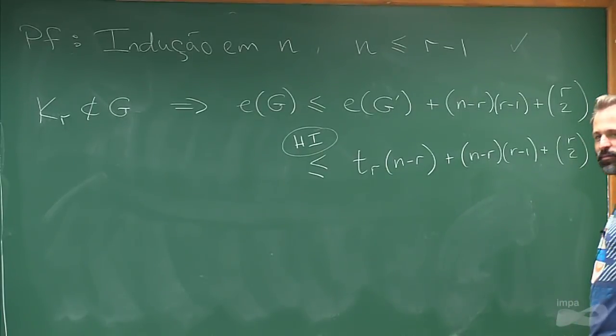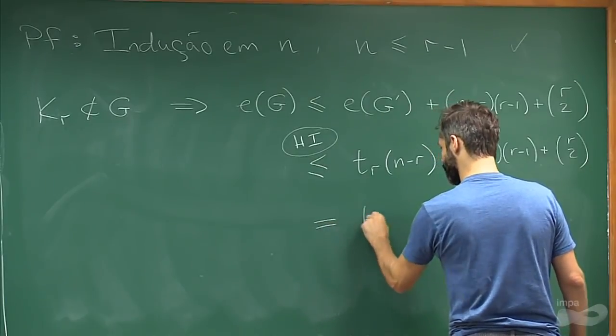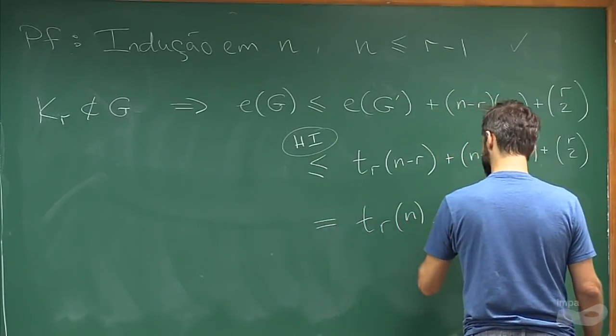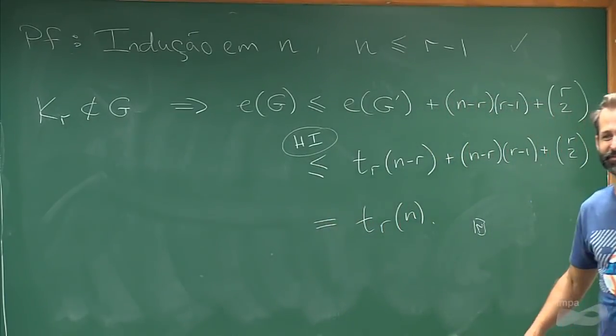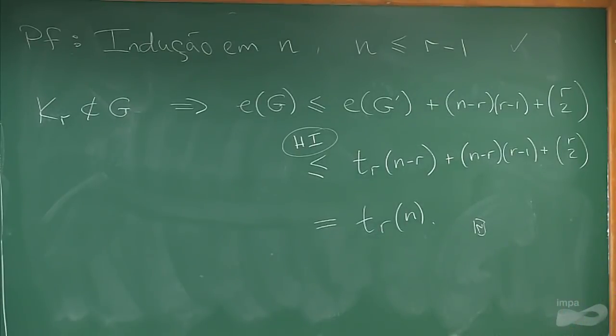And I claim that by magic this equals T_r(n). Now, how to justify the magic? Well, one way is just to write it out algebraically, write out the exact function of the number of edges and check it, which you can do. But that's kind of boring.